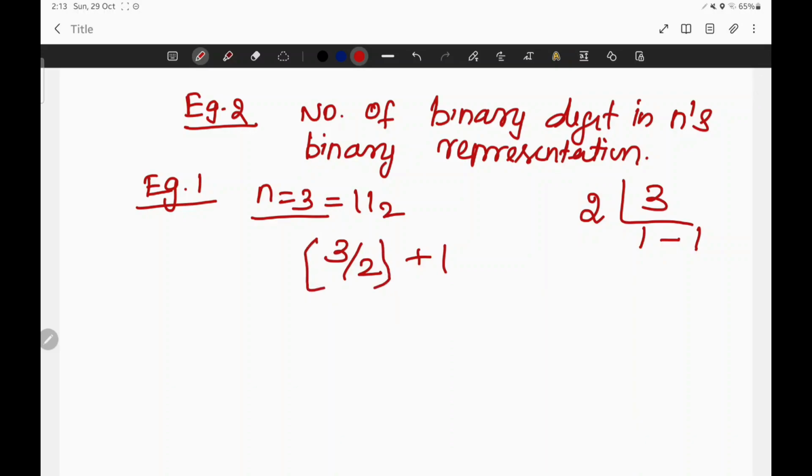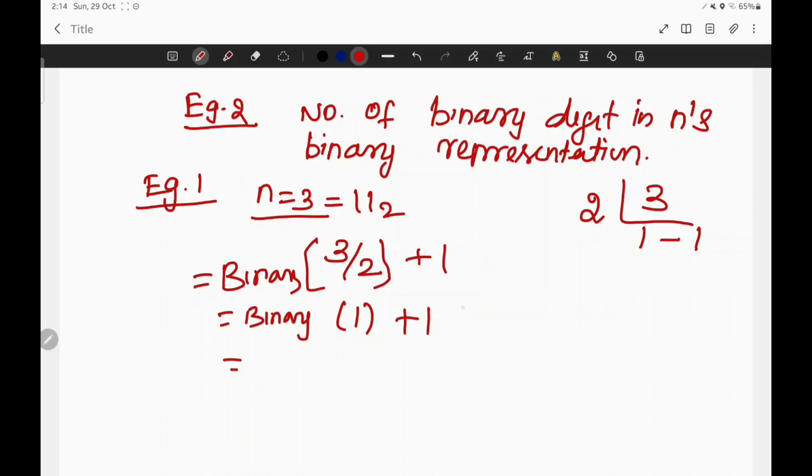So plus 1 is nothing but to increase the count. So first time I have counted, and recursively again you want to call the algorithm n by 2. Suppose again recursively you want to call binary 3 by 2. What is the value? 1. So 1 plus 1.